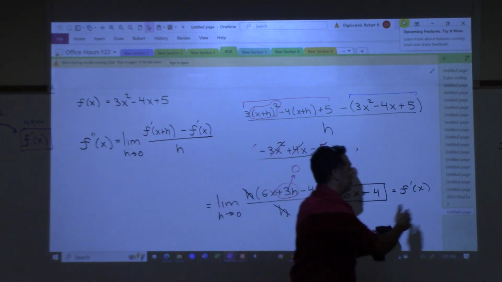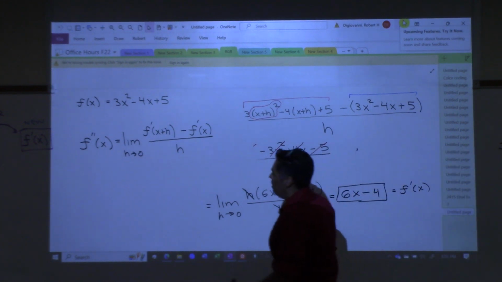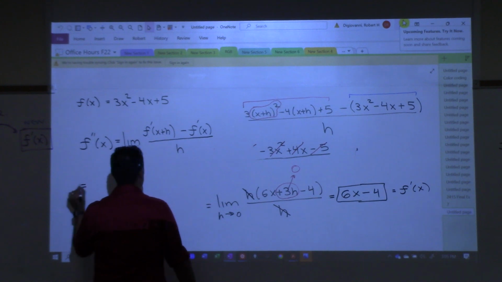It's essentially this right here, but I've made that a double prime and then made this prime prime. It's like applying the limit again, but to the derivative, not to the original function, right? So it's like the derivative is going in here, which means this should be the second derivative. Any questions on that?